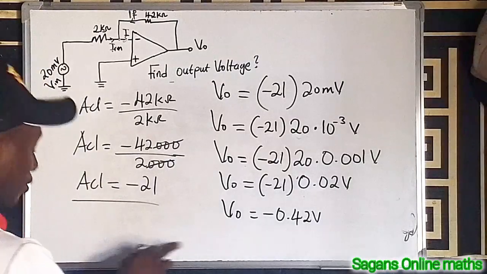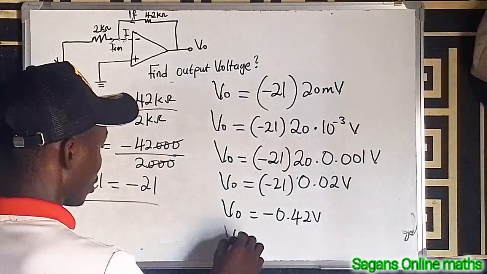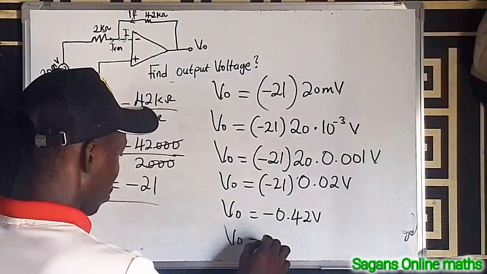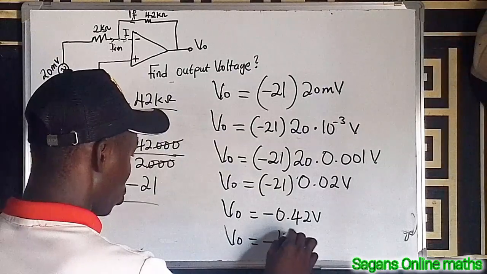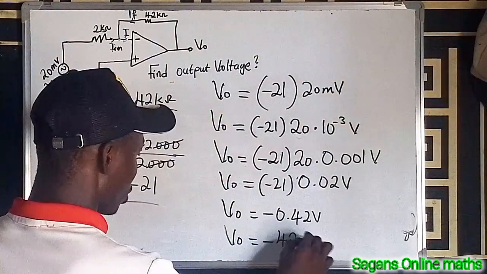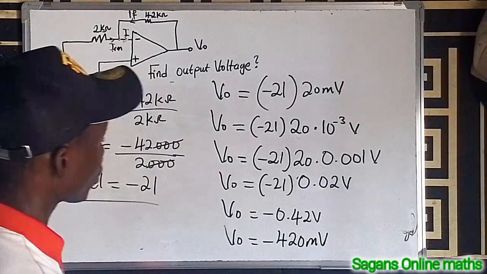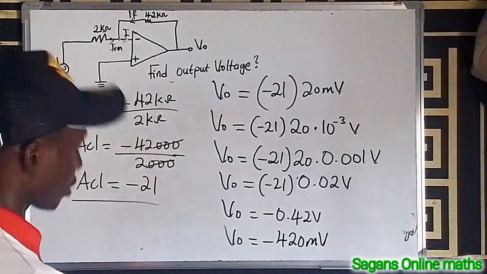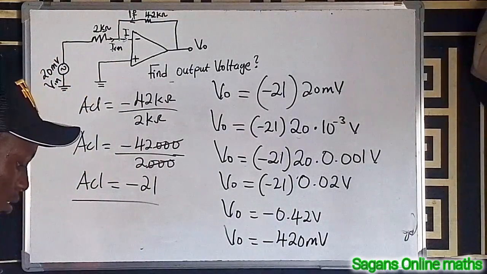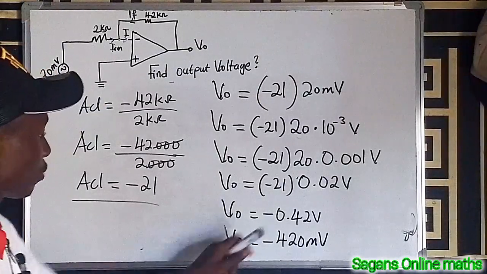So I have V_out equal to minus 420 millivolts. For me to remove it from here, you have to divide it by 1,000. So this is in volts and this is in millivolts.